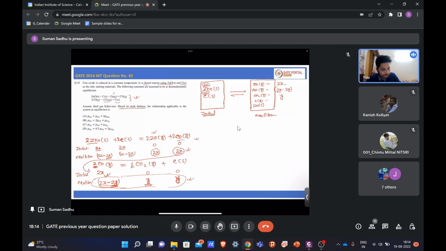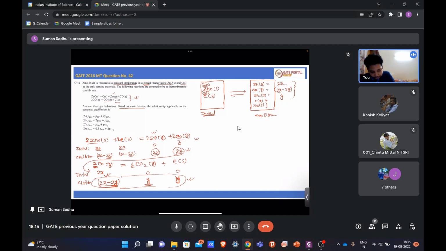Now the unreacted carbon and ZnO are in the solid form, so they will not exert any pressure in this closed reactor. So only these three will contribute to the pressure. It is also mentioned that the reactor is at constant temperature and it is a closed reactor.